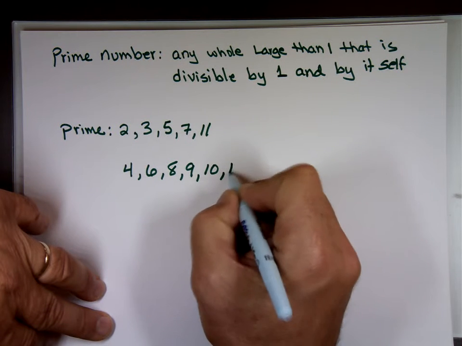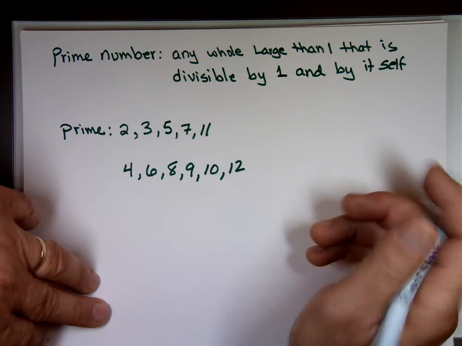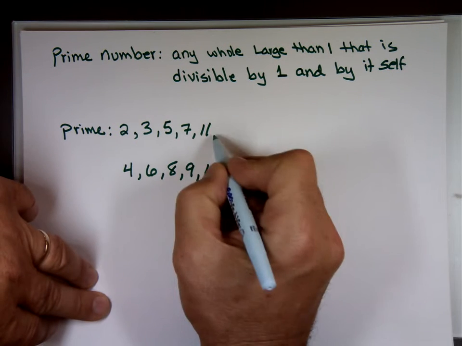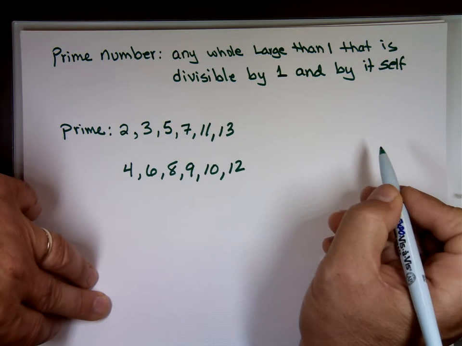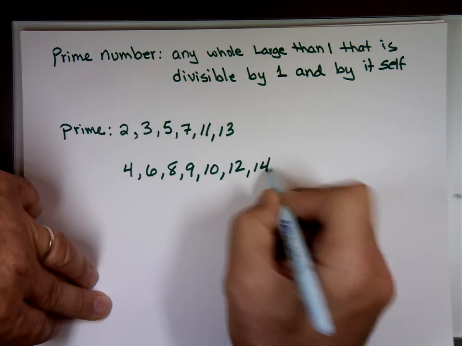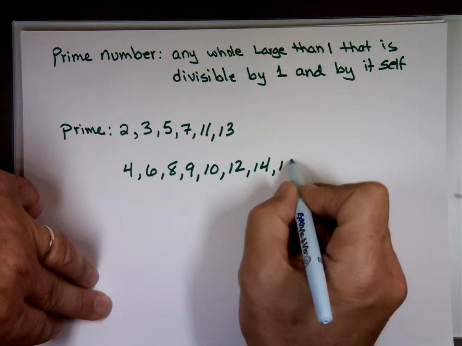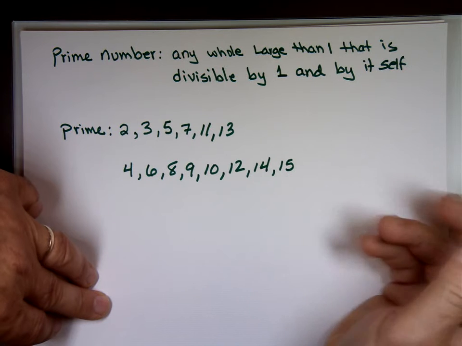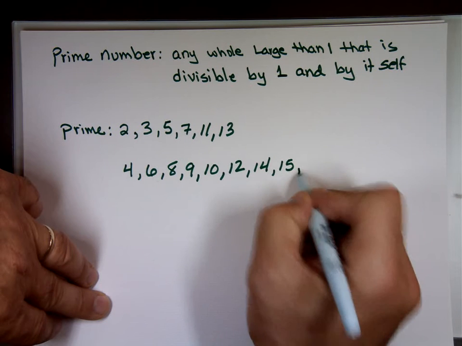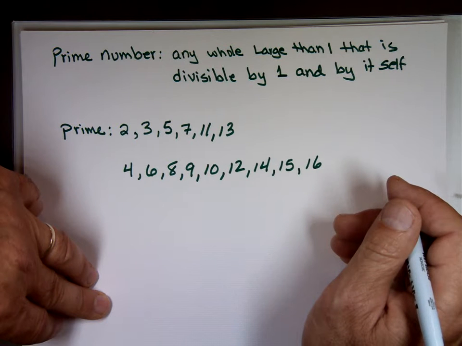No. You can divide it by 2, by 6, by 3, by 4. 13? Yes. 14? Bless you. No. You can divide it by 2 and by 7. 15? I can divide the 15 by 5 and 3, so it's not a prime. 16? I can divide it by 2. It's not a prime. 17?